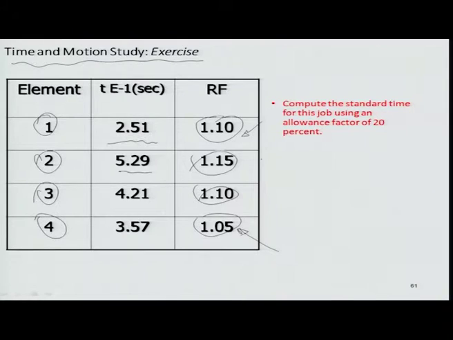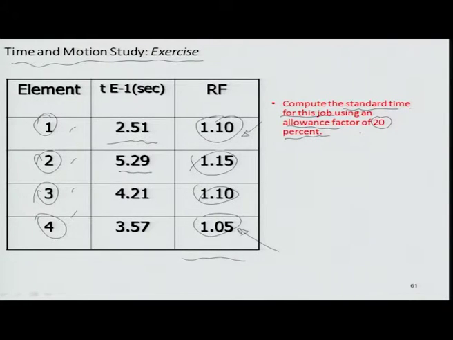The requirement is to calculate the overall standard time of this particular job, and you will have to use an allowance factor of 20%. So, whatever time scales you generate, the normal times of the whole process, including all these 4 elements coupled together, you have to multiply, or do it at 120%, to calculate the actual time scale. So, let us do it.